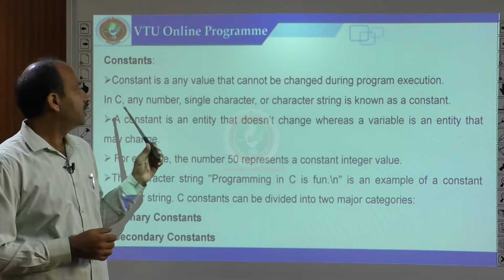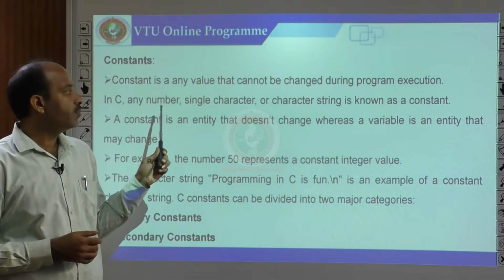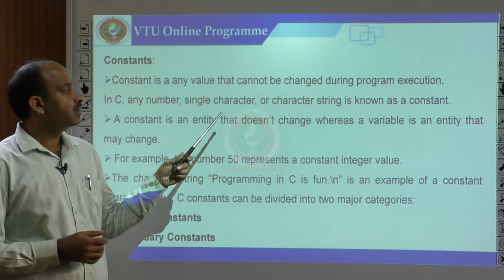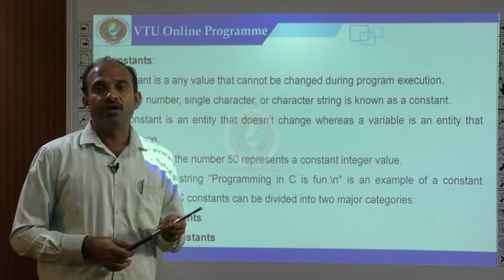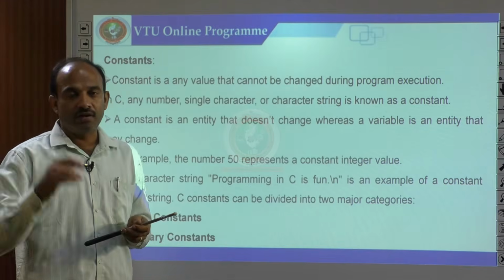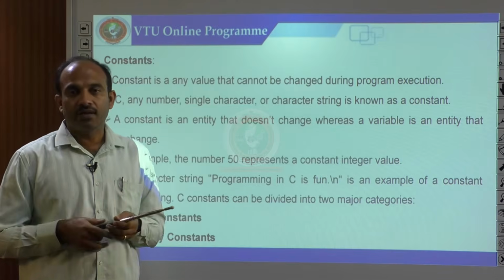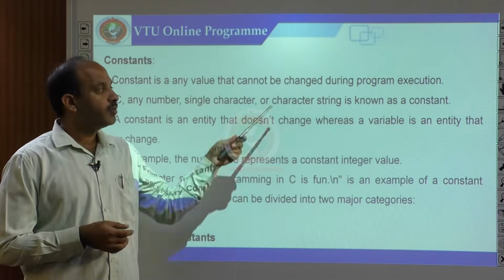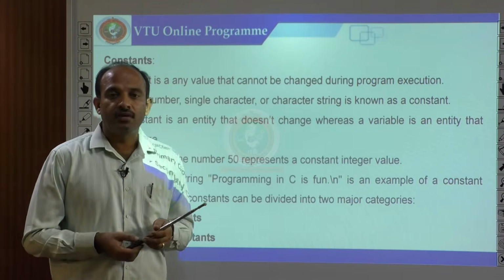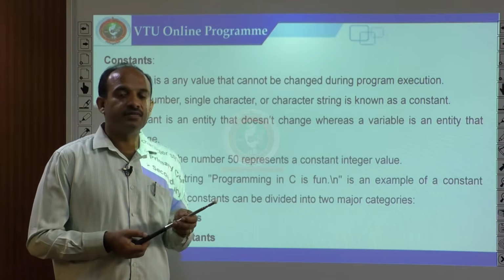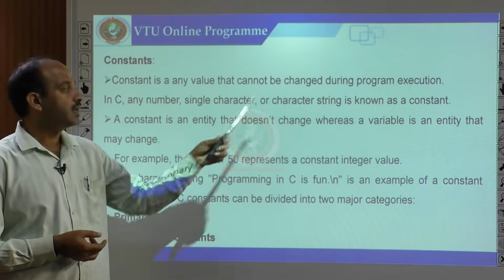If you take C programming, any number or single character or character string, we call it a constant. 5 is a constant, you cannot change it, or a single character A, yes, it is a constant, or maybe a character string, that also comes under constants.